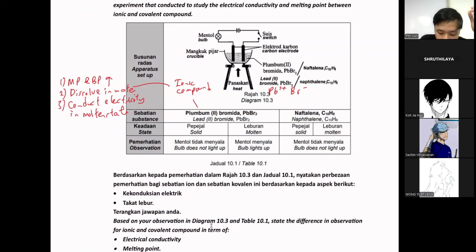And they can conduct electricity in aqueous solution, which means you throw the salt into water and dissolve it. That salt solution can conduct electricity. That's why, notice, solid state cannot conduct electricity. The bulb does not light. Molten state, yes. Of course, covalent, no need to see it. Both cannot, in all states.